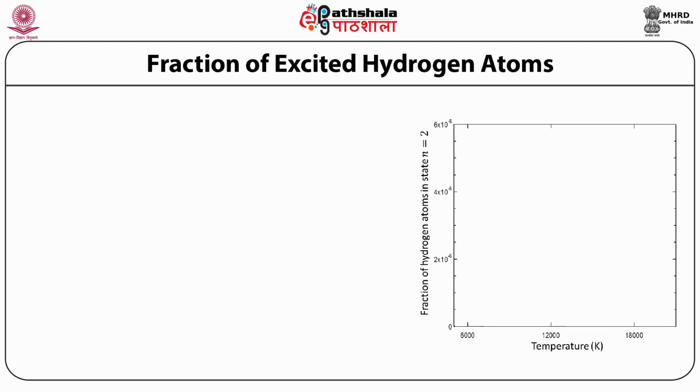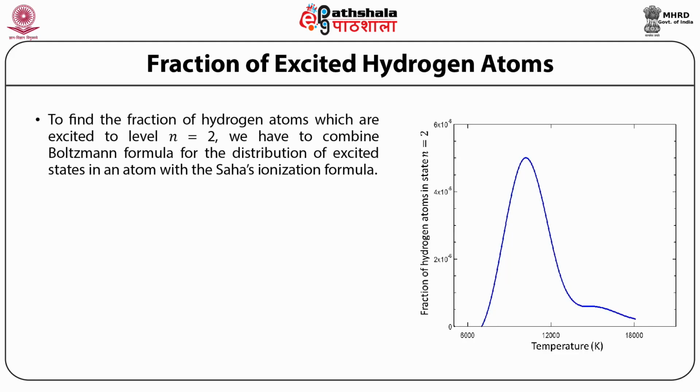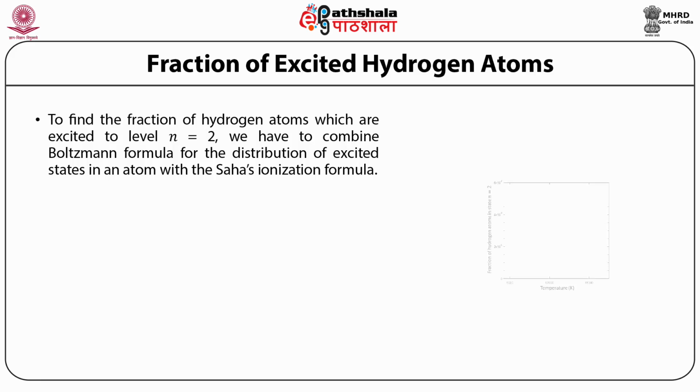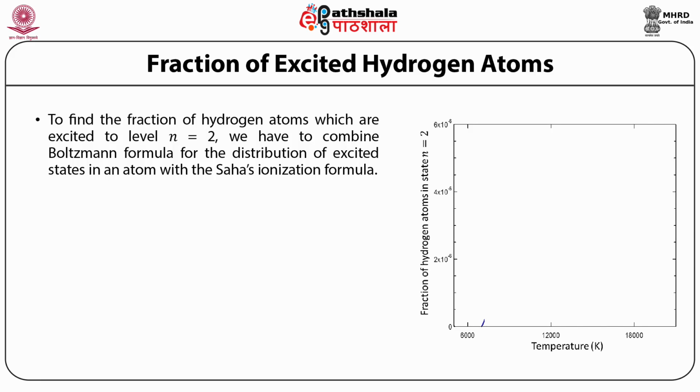Fraction of excited hydrogen atoms. To find the fraction of hydrogen atoms which are excited to level n equals 2, we have to combine the Boltzmann formula for the distribution of excited states in an atom with Saha's ionization formula.